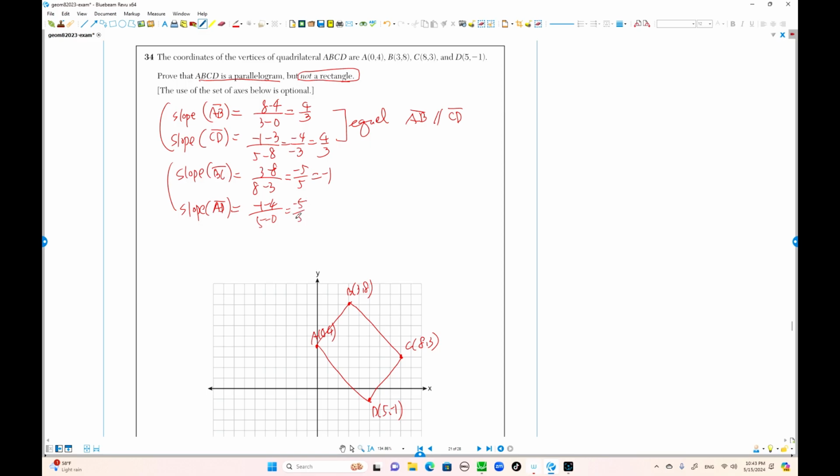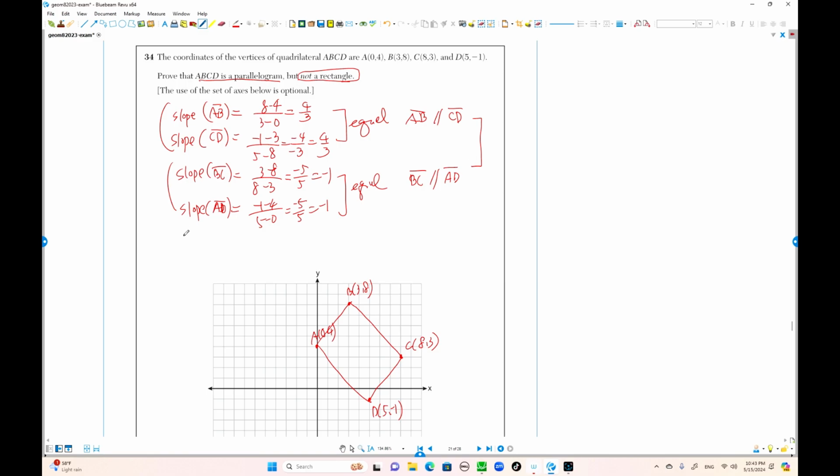Negative 5 over 5 is still negative 1. They are equal, okay? So BC must be parallel to AD, right? So both pairs of opposite sides are parallel.